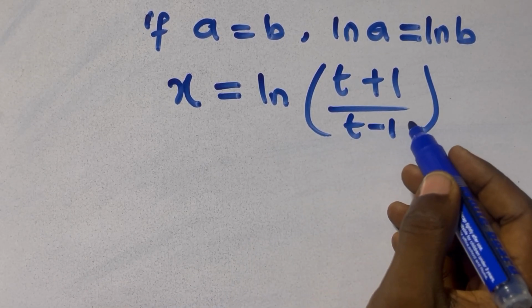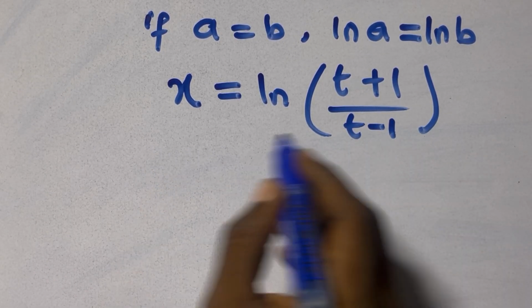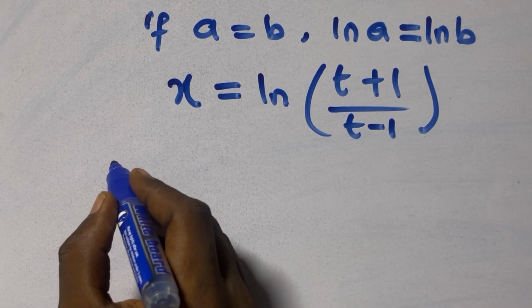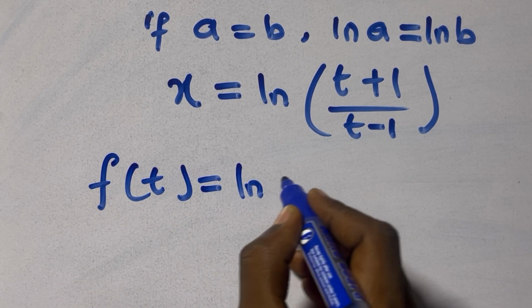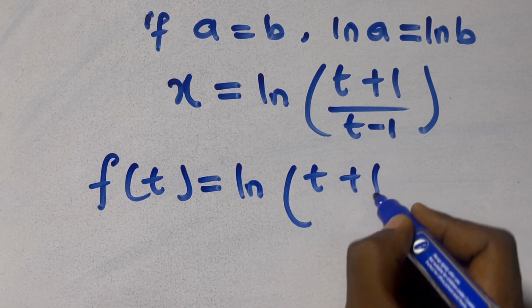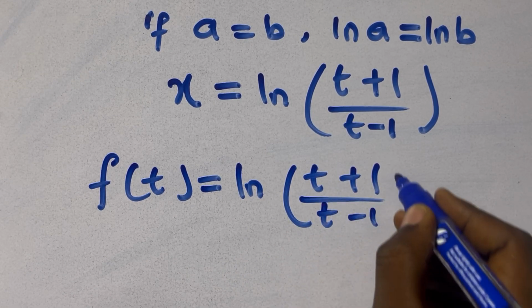You see that the expression we have here is in terms of t. Therefore, in terms of t, we have f(t) = ln((t + 1)/(t − 1)).